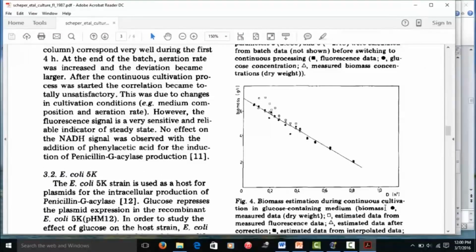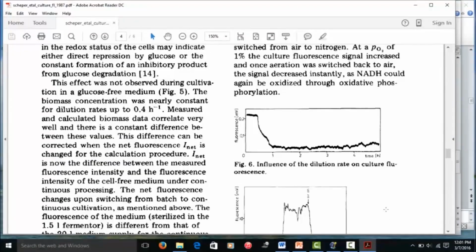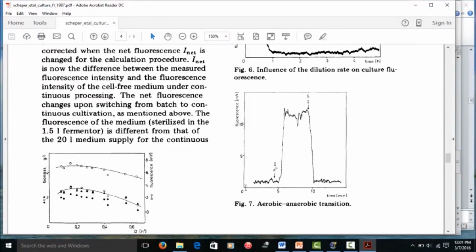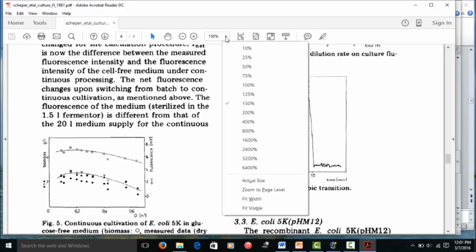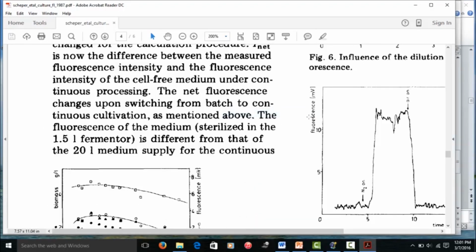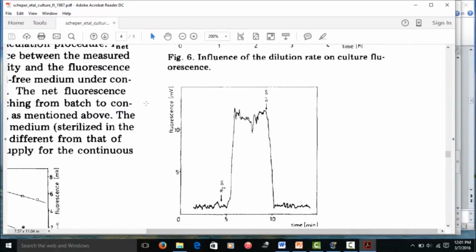And then one more thing I'll point out from this paper. You see this figure? Let me blow it up a little bit. This is culture fluorescence versus time.